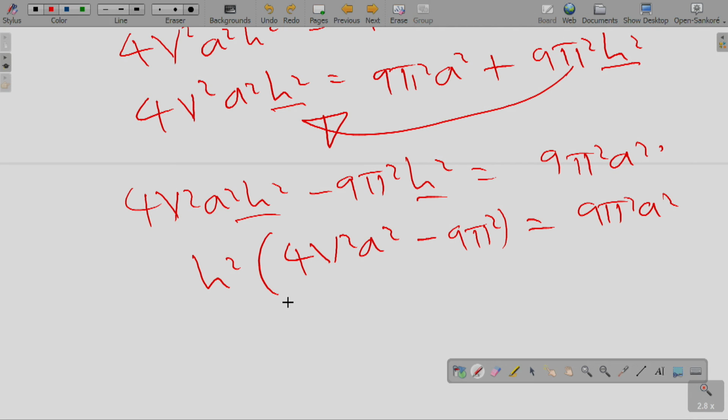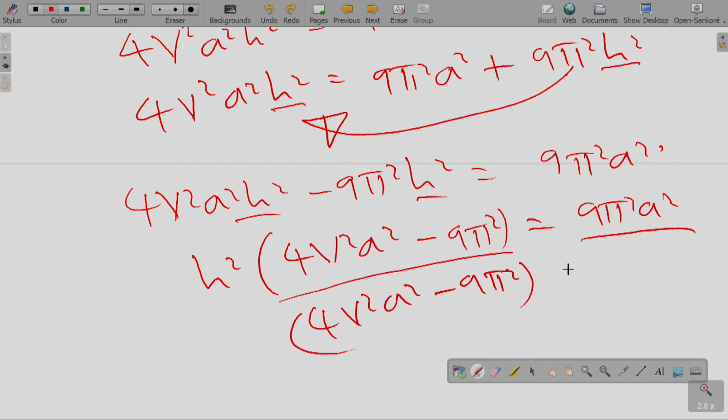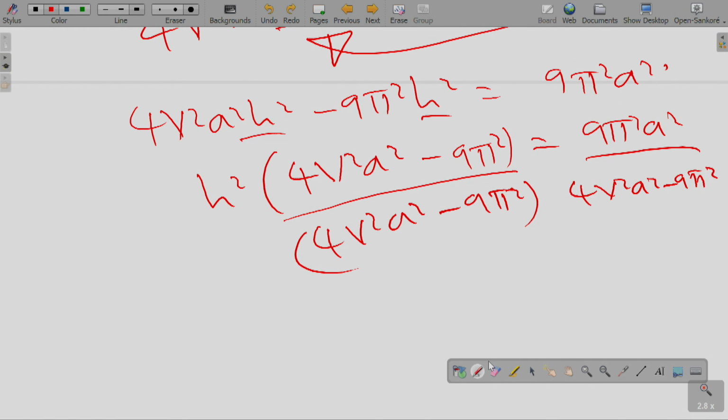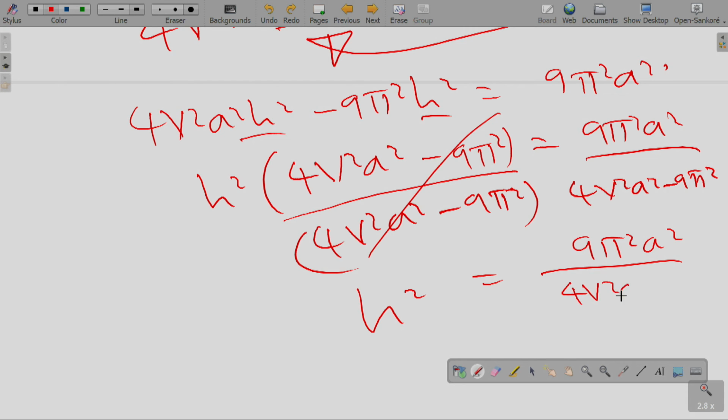Now I need h, so I have to divide both sides by this term. So here h square is equal to 9 pi square a square over 4v square a square minus 9 pi square.